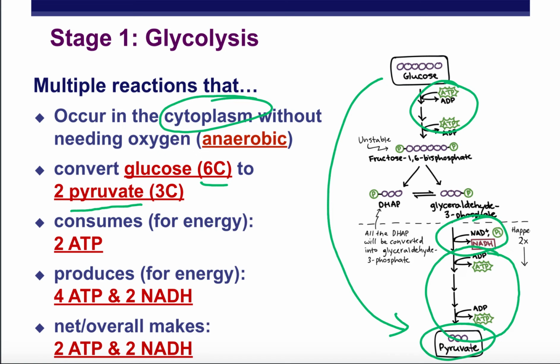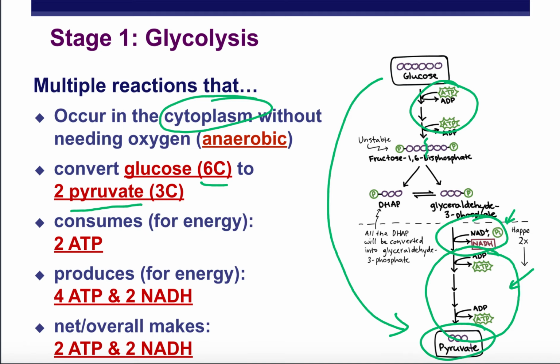Now, the reason why this picture might look a little bit confusing to you is because for each of the 2 pyruvate molecules that are going to be made from glucose, each one of them is going to ultimately result in the release of 1 NADH and 2 ATP.